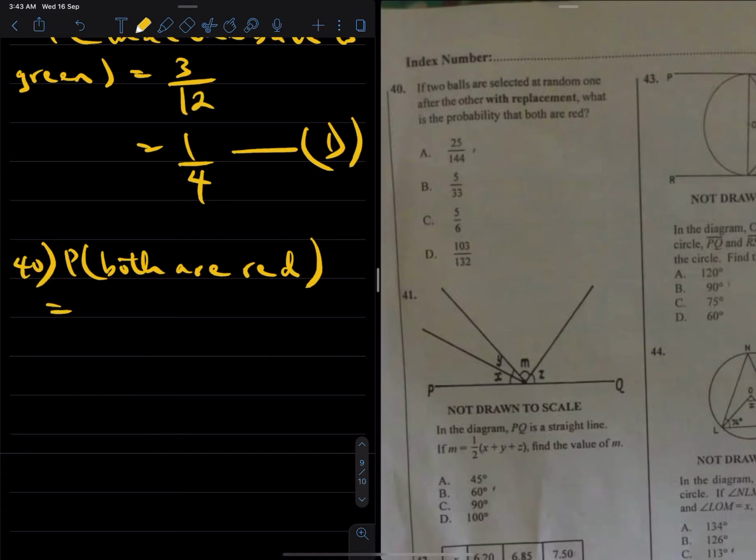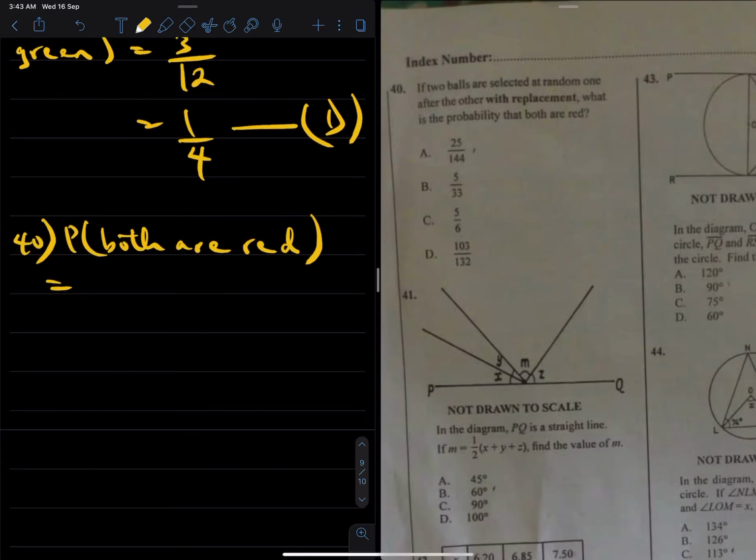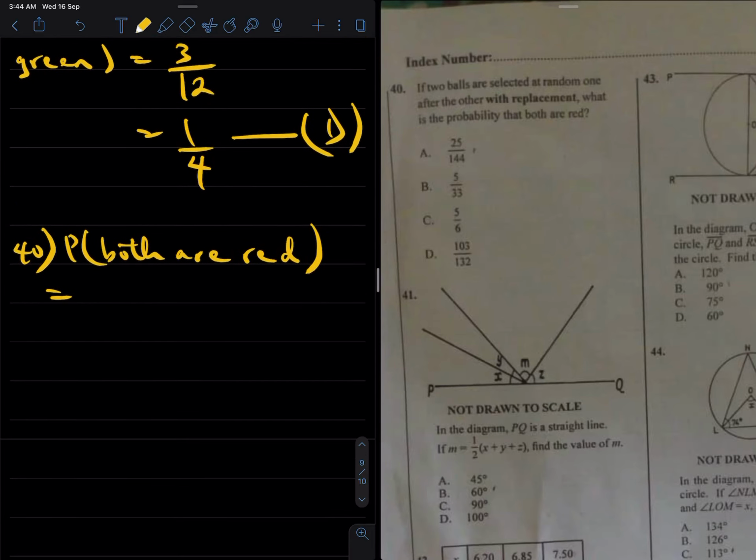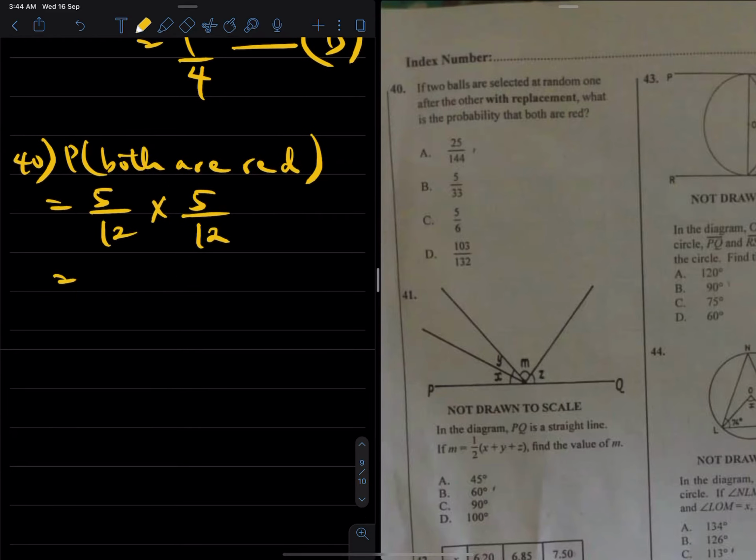How many red balls do we have? 5 over 12 times 5 over 12, since the selection was done with replacement. So that will be 25 over 144, and the correct option is A.